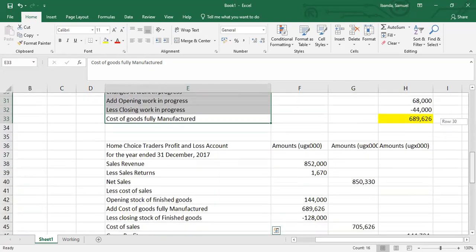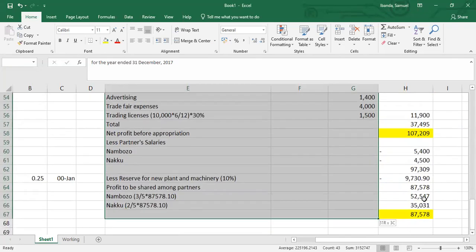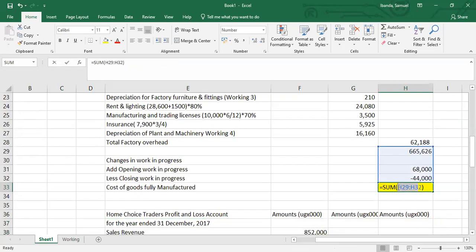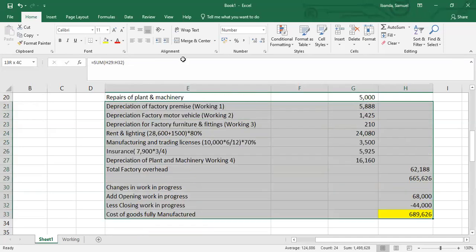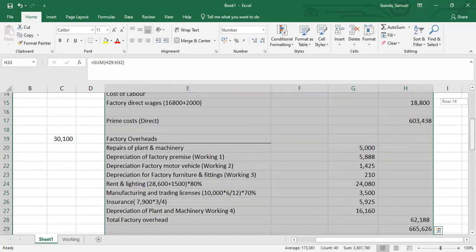The only P&L we have is this. This one, we only draw it to get this cost of goods fully manufactured, which we have gotten here. This is the only reason we draw up this kind of information. That is what we do.